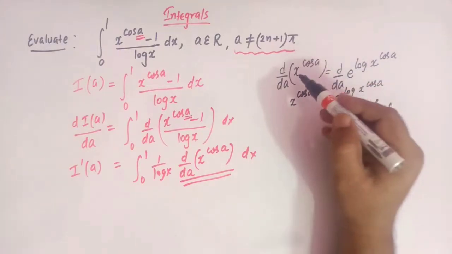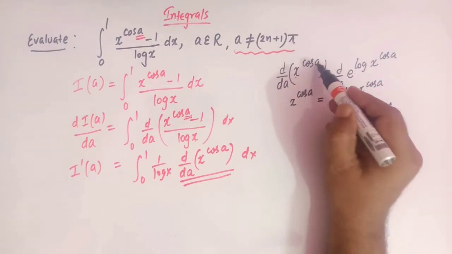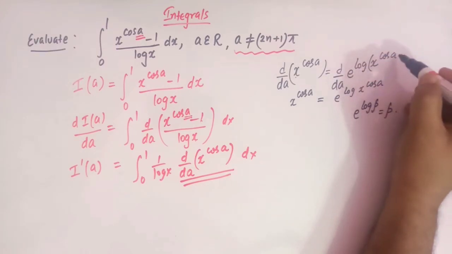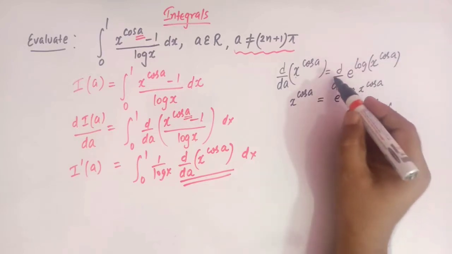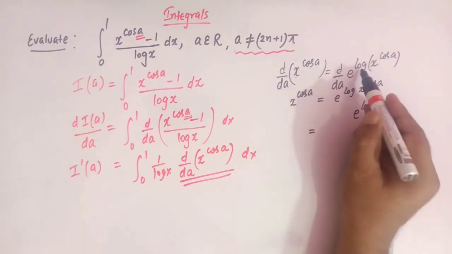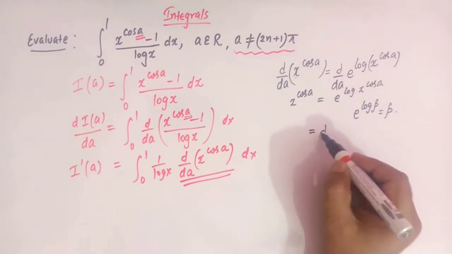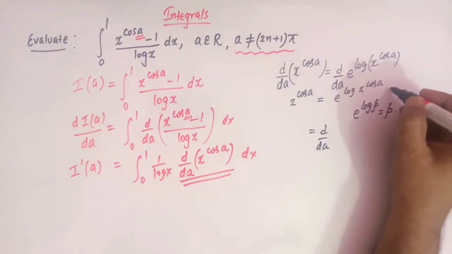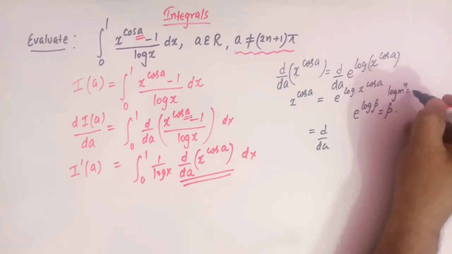So we can write this expression as d over da, and we'll use the properties of log: log m raised to n is equal to n log m.